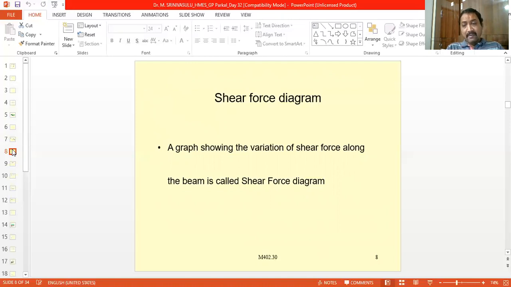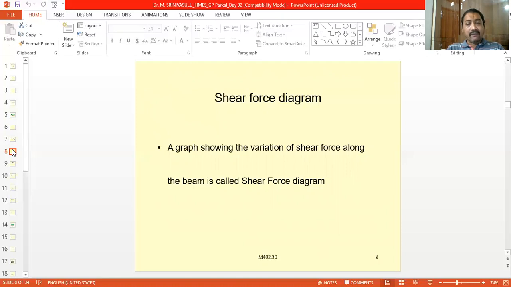Then only could we draw the shear force and bending moment diagrams. That's why we have studied this. So with that we understood the basics of the shear force and bending moment diagrams.